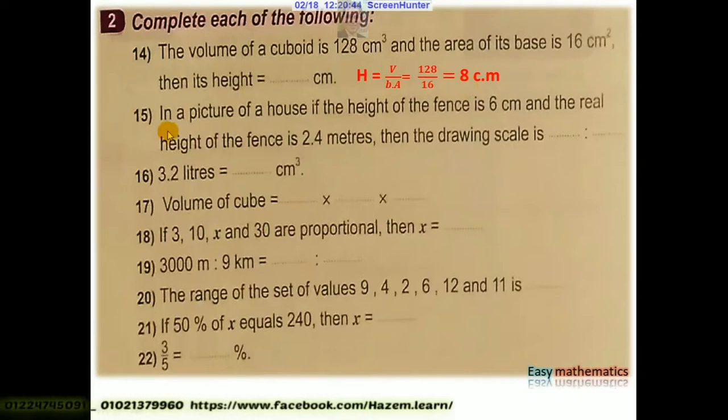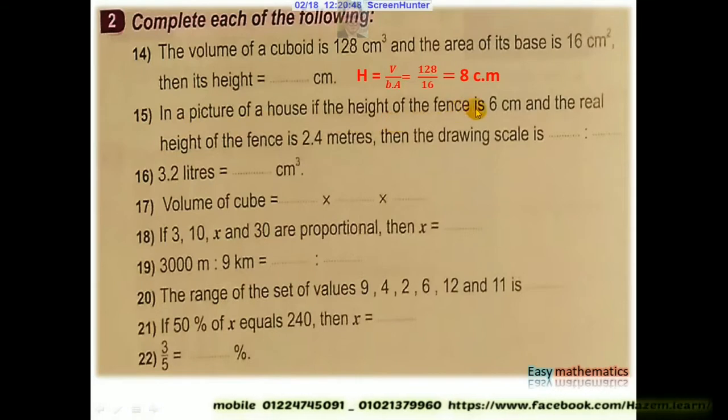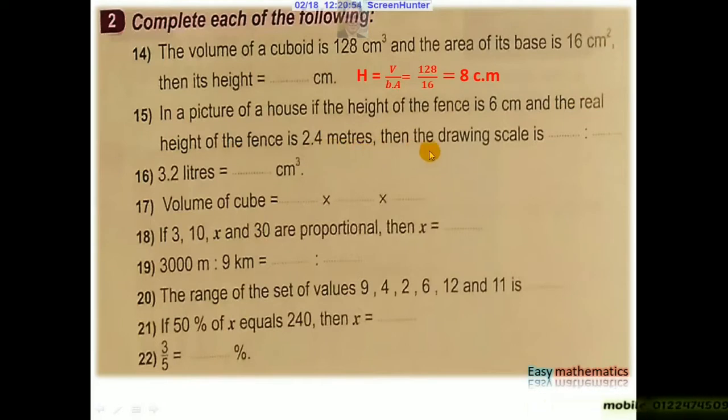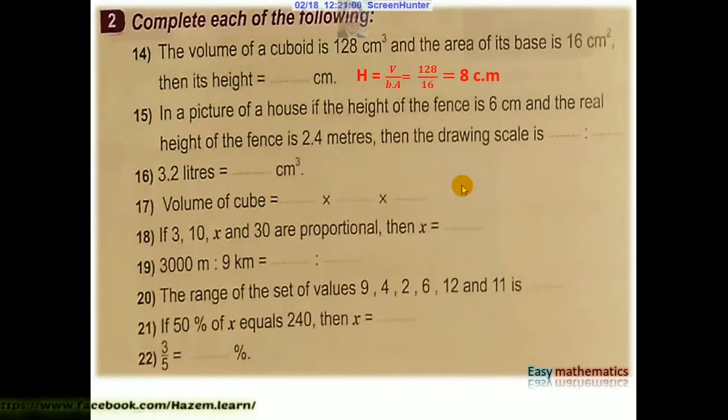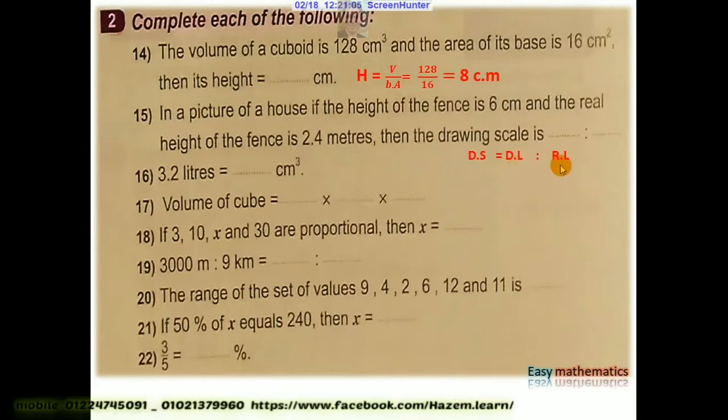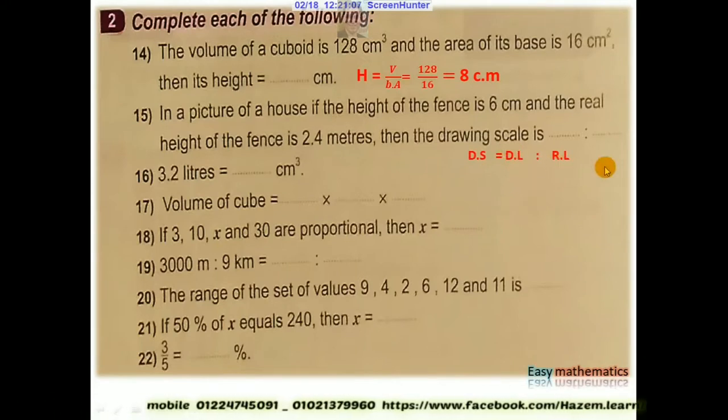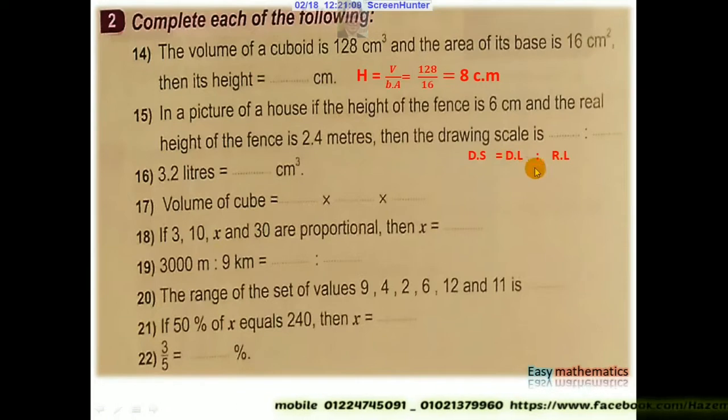Number 15. In a picture of a house, if the height of the fence is 6 centimeters and the real height of the fence is 2.4 meters, then the drawing scale. We have a slide before with Mr. Hazem. To find the drawing scale, we must write this rule: drawing scale equals drawing length to real length. But what about the drawing length and the real length? We must study the keywords with Mr. Hazem.